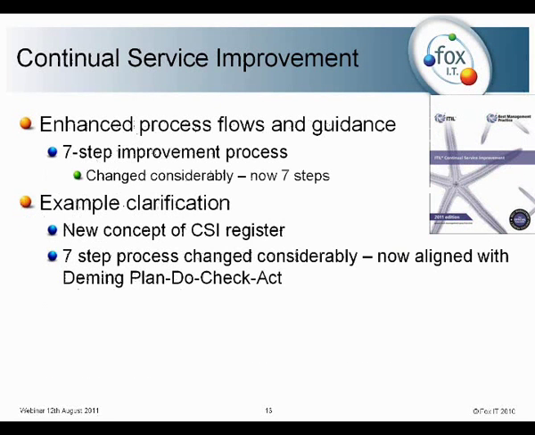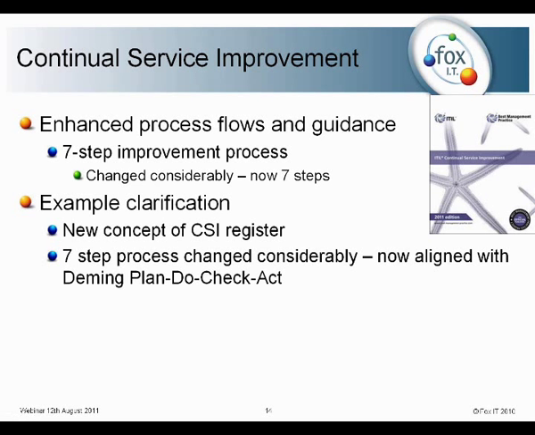And finally, the Continual Service Improvement book, the book that I've been working on, or I did work on. Those of you who are familiar with the 7-step improvement process, previously the 7-step improvement process had 8 steps. So the big change is that now it's only got 7 steps. We've made some considerable changes to that process, enhanced it and made it clearer.